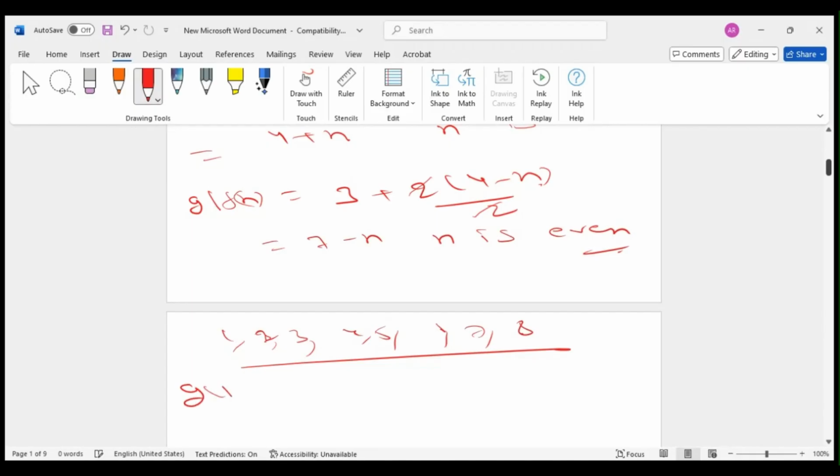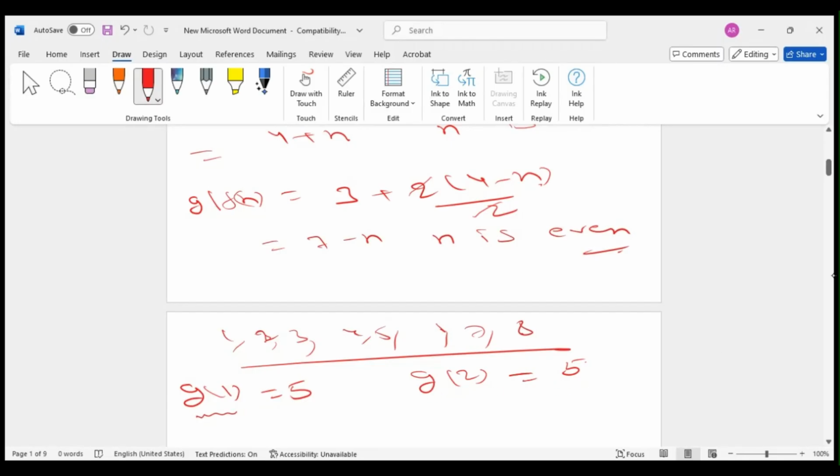For g of 1, which is an odd number, we have 4 plus 1, that is 5. For g of 2, which is an even number, we have 7 minus 2, which is equal to 5. So for 1 and 2 we have the same value, 5.